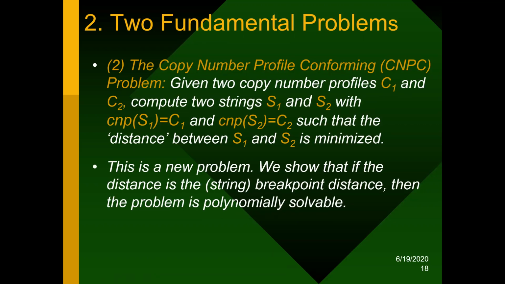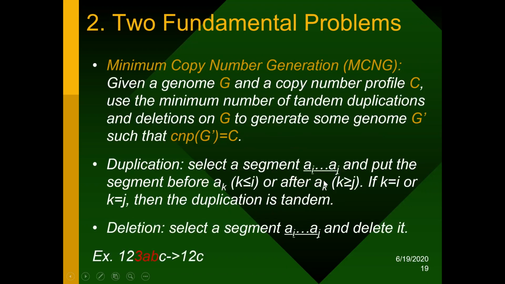So we show that if the distance is the string breakpoint distance, then the problem is polynomially solvable. And I will leave quite a few open problems at the end, because initially we tried to look at the tandem duplication distance, but we couldn't make much progress.